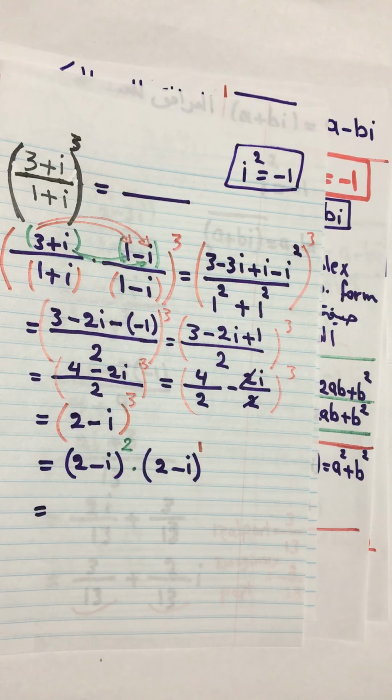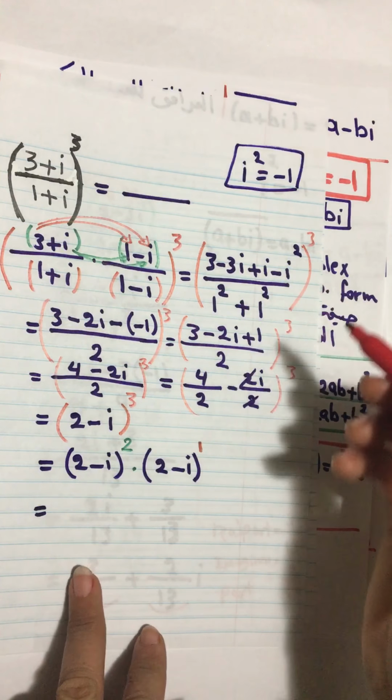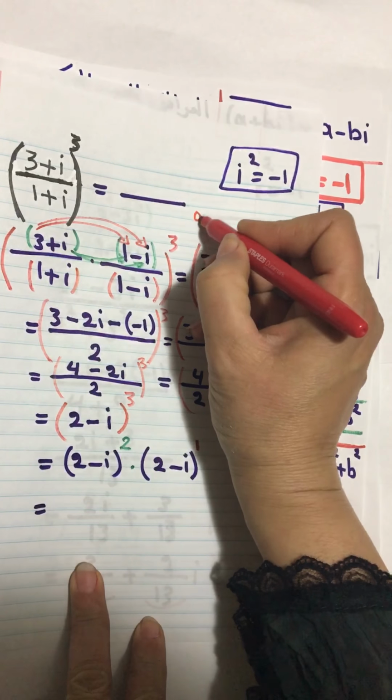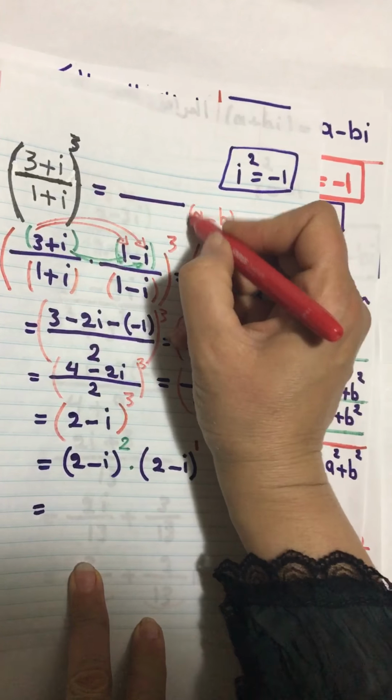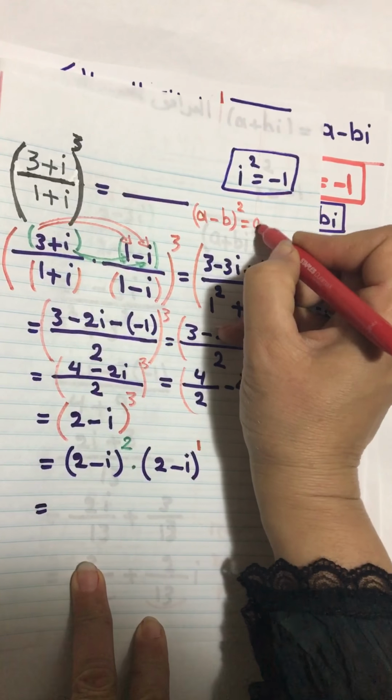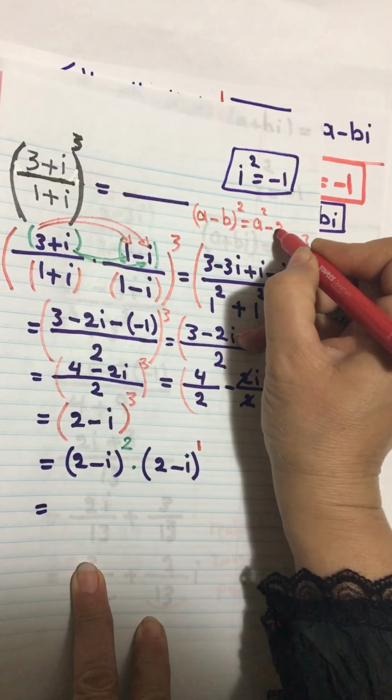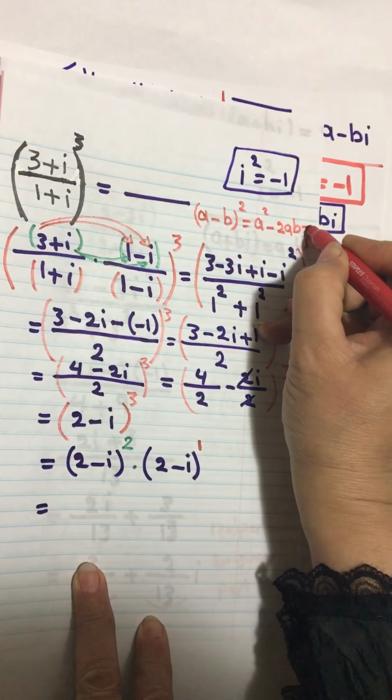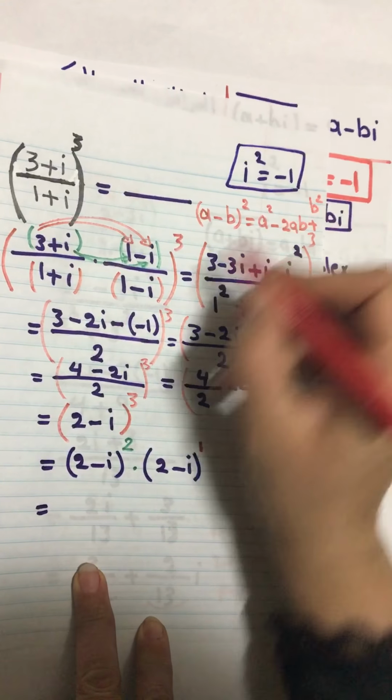I know 2 minus i square, I could write down right here, if I have A minus B square equals A square minus 2AB plus B square.